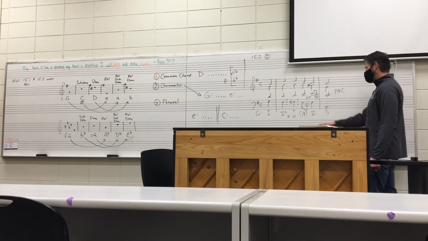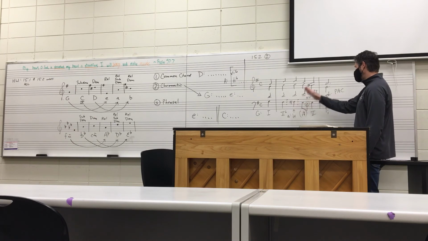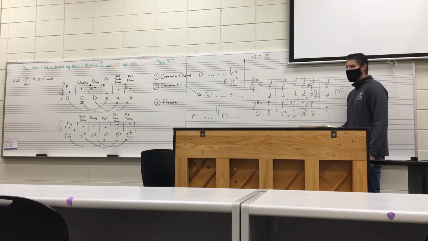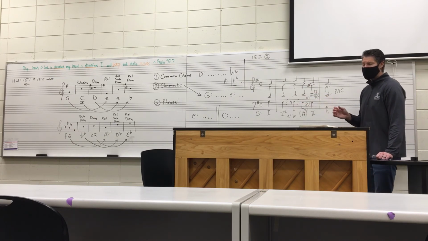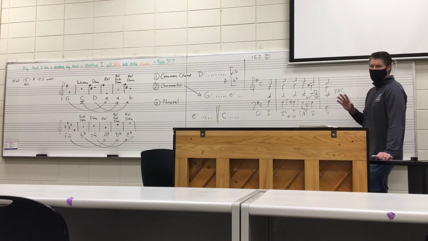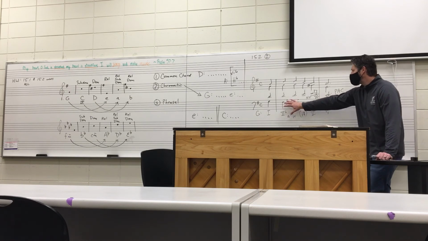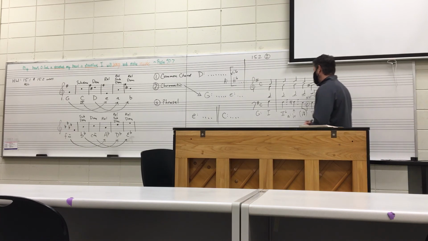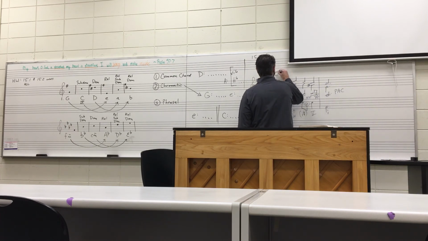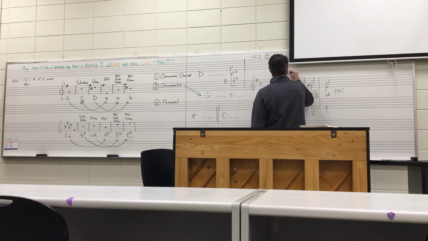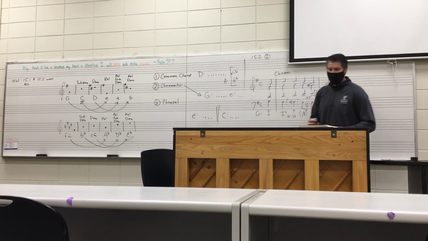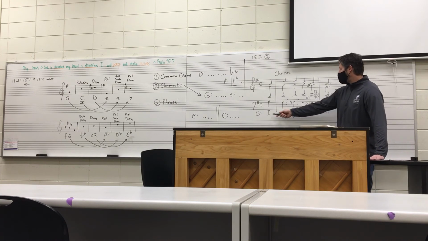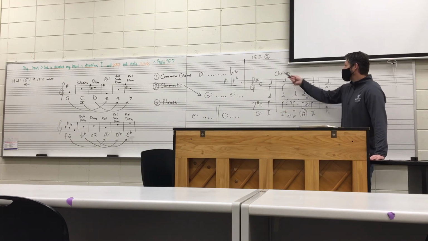So I would say beats 2 and 3, the composer is intentionally creating some sort of ambiguity, some sort of instability in order to shift from one key to the next. And in this case, it's a sudden shift. And so I just write chromatic in the blank provided. And we have identified our first modulation in chromatic style.